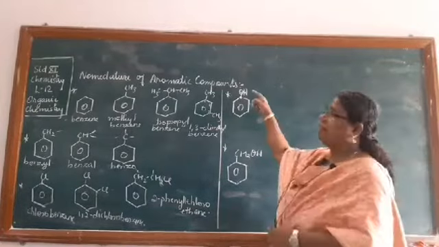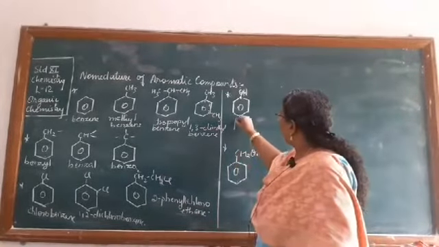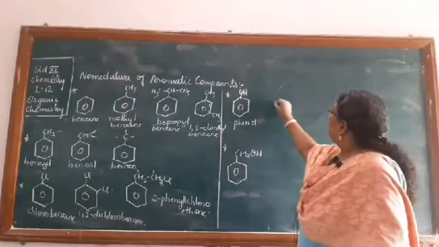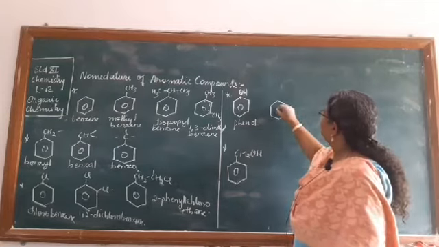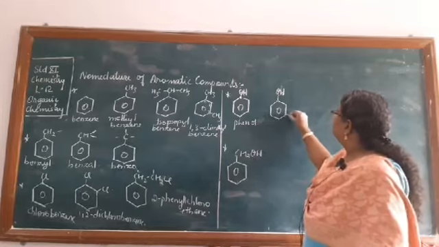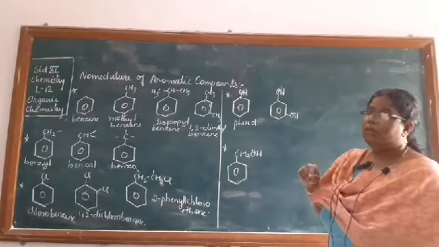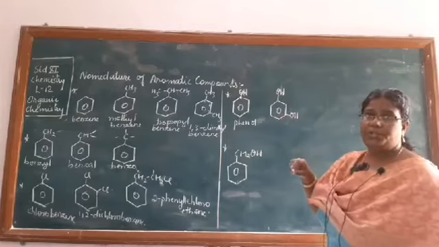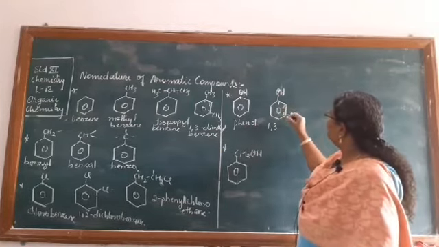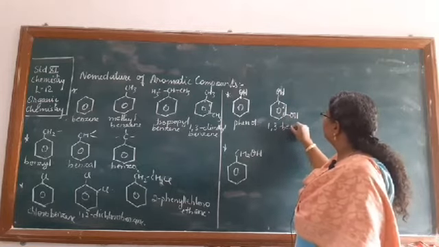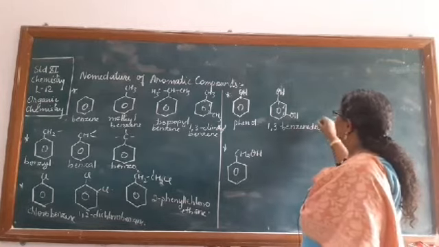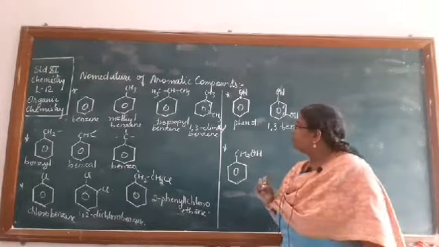Whenever a benzene ring has an OH group with it, then that will be called phenol. Okay. Now if two OH groups are attached, then there are 2 OH groups here. So 1, 3: if you take this as 1, this as 2, this as 3, then it is 1,3-benzenediol. Okay, diol, that way it will be. Okay.